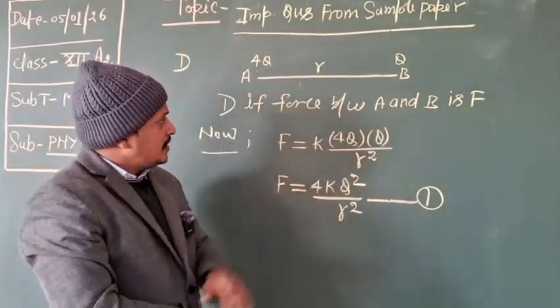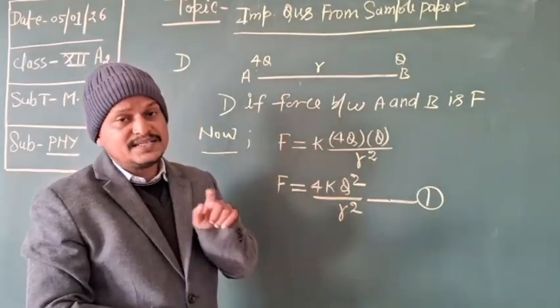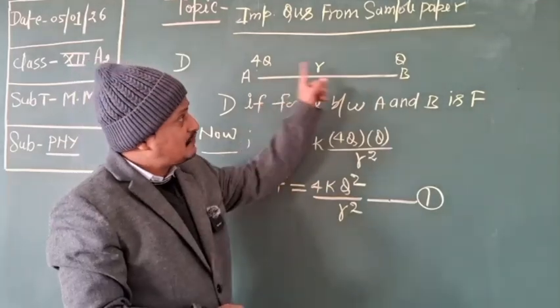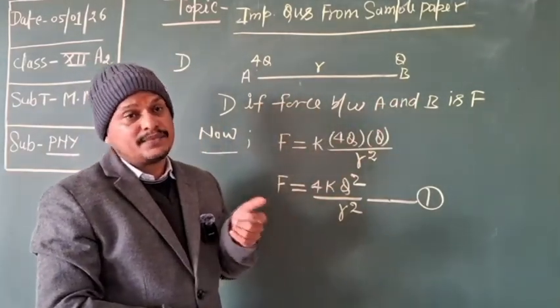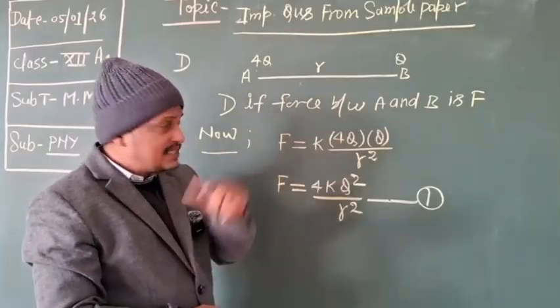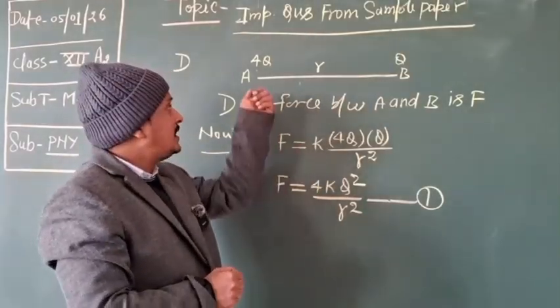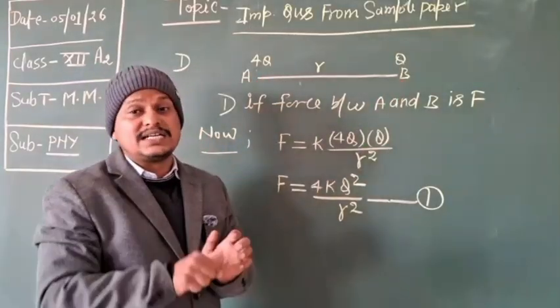Now the question is, if 75% of the charge is transferred from A to B, then what is the force between A and B? For this solution, you should first find the charge on A and B after transfer.